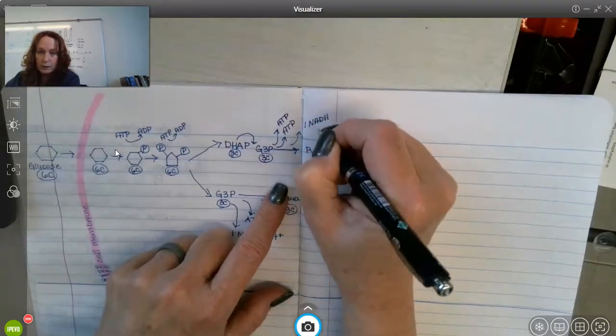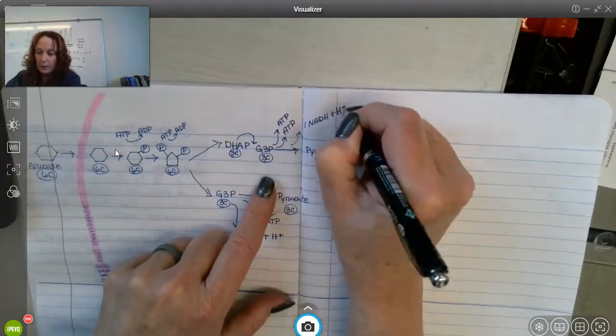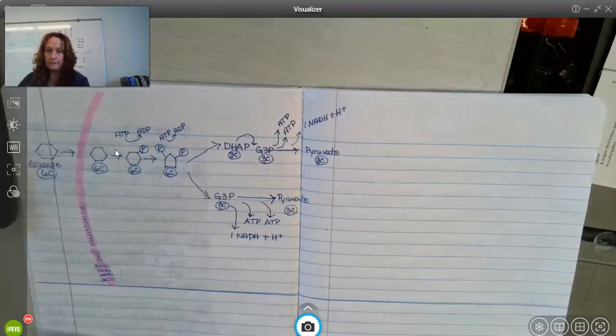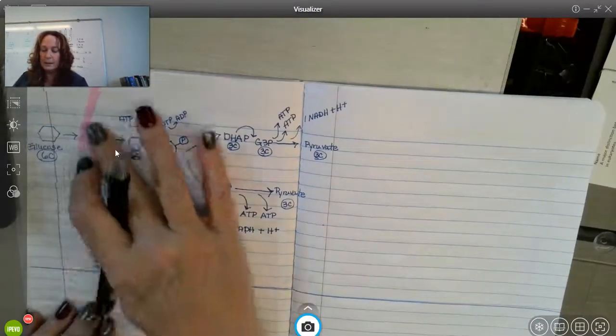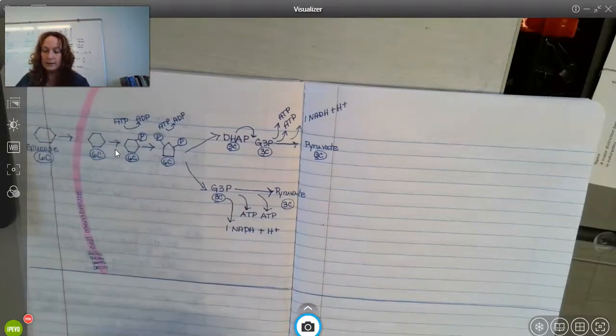So there were electrons formed in this reconfiguration, and so you've got an electron carrier there. Okay? So this is inside the cell. All of this right here is in the cytoplasm.